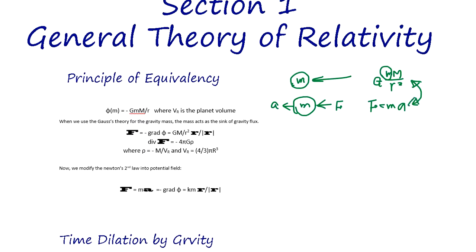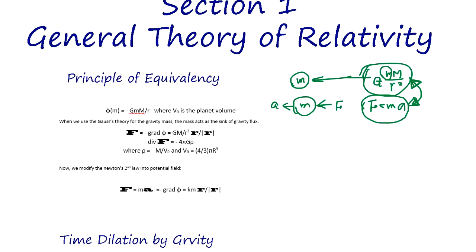Okay, so we assume we're talking about the same mass, and Newton's law said, well, the material has a mass, and the mass has a gravity, and the mass has an acceleration based on this equation. Newton said that, so we accept it.